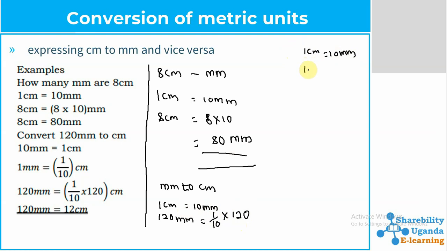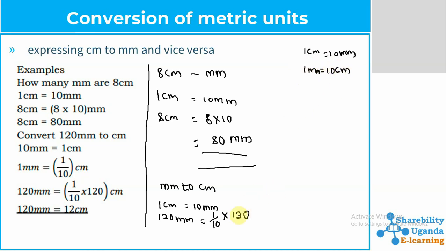1 millimeter being equal to 1 out of 10 centimeter. Okay, so such that when you want a millimeter, we can now vary this as 1 millimeter being equal to 1 out of 10 centimeters.